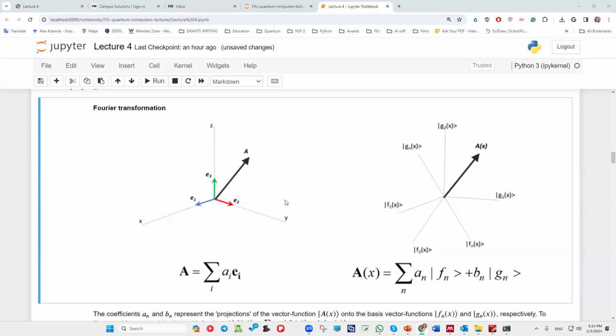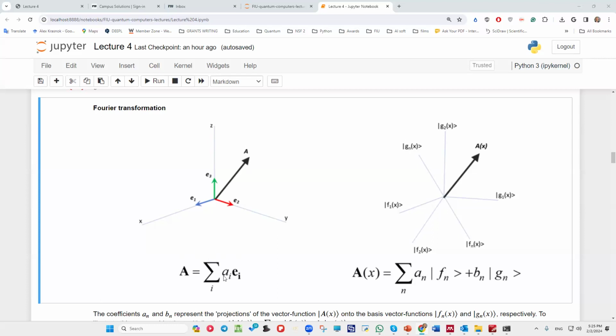So for example, let us look at this figure on the left with 3 coordinate axes, x, y, and z, and the basis vectors e1, e2, e3, right? When I introduce this basis, I can describe any vector, like vector A in this space, as a combination like this.